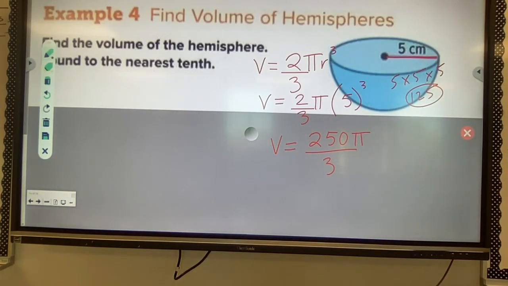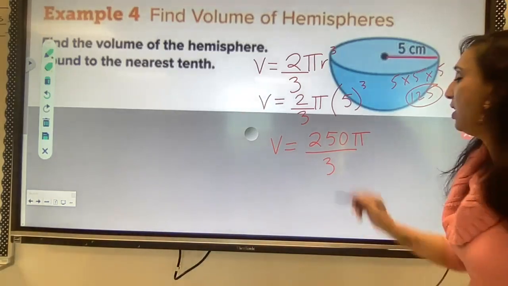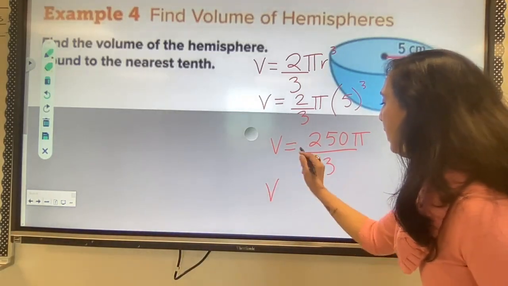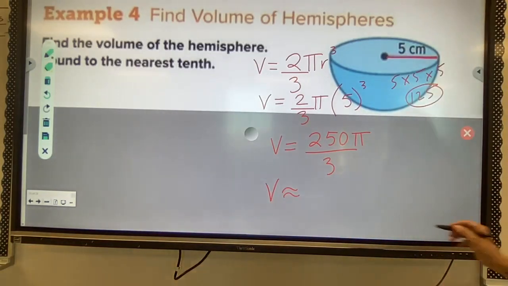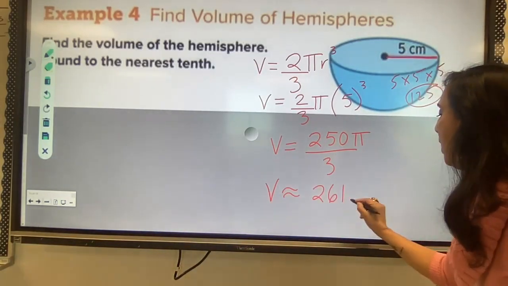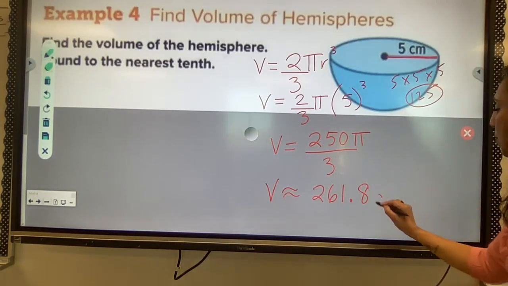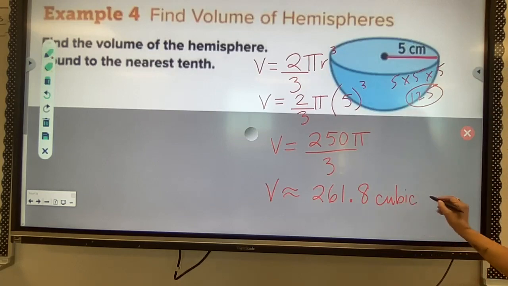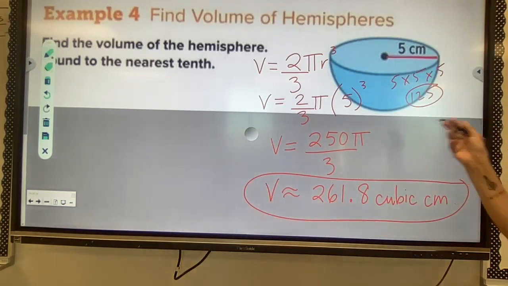Now I am going to use a calculator to change the pi to the decimal version, so the equal sign becomes an approximation. And I get 261.8 cubic centimeters, and this is the volume of this hemisphere.